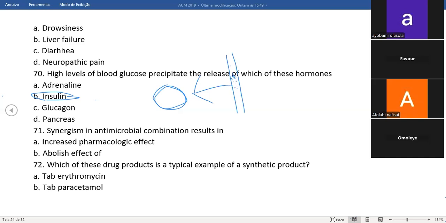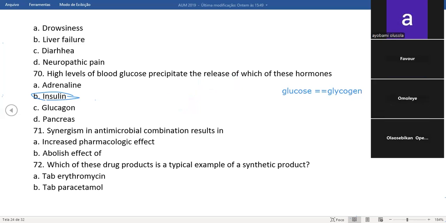Then it also ensures glycogenesis, the conversion of glucose into glycogen. So that's what it does. Any question? Someone has a question? Okay.